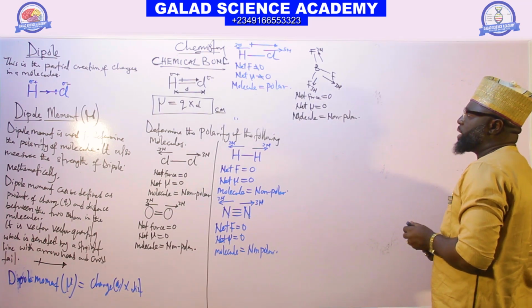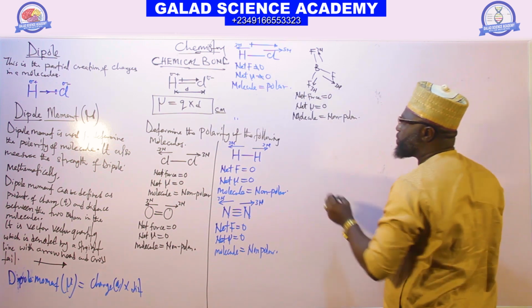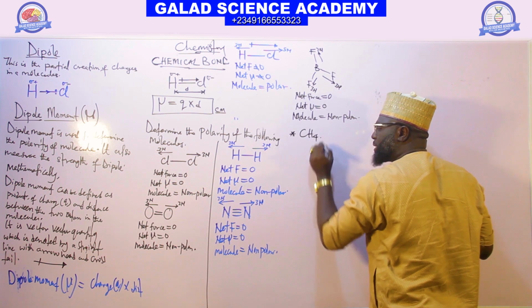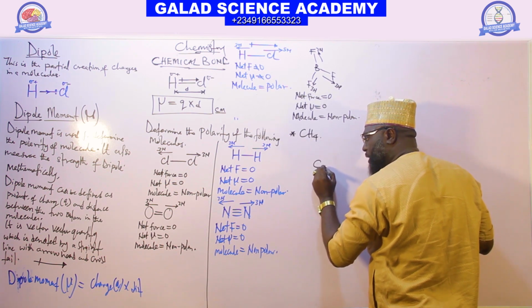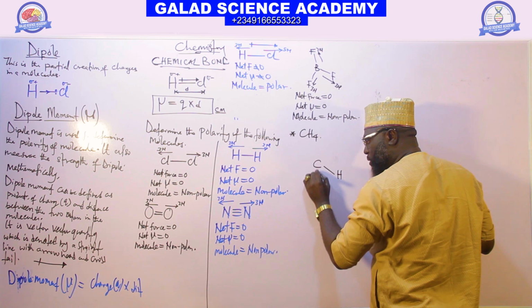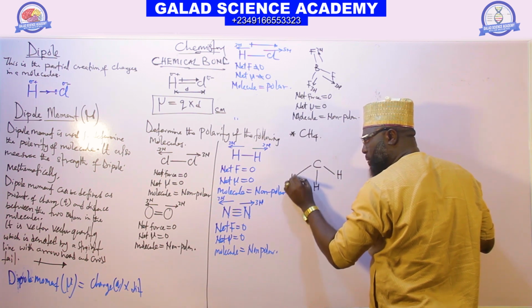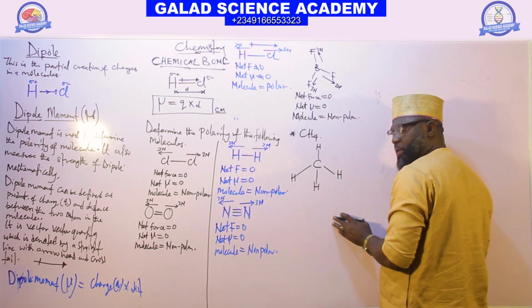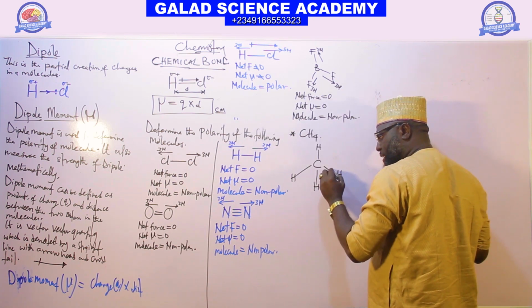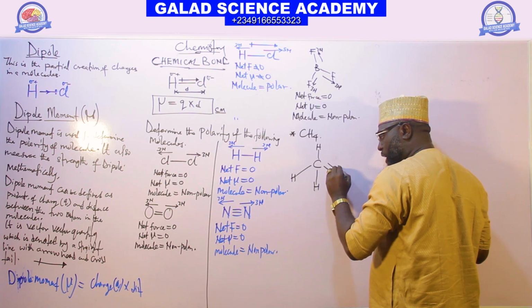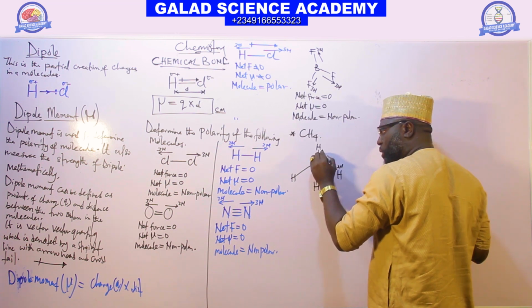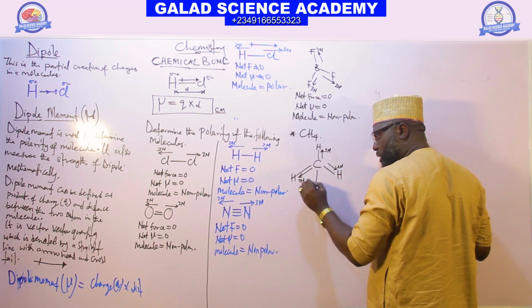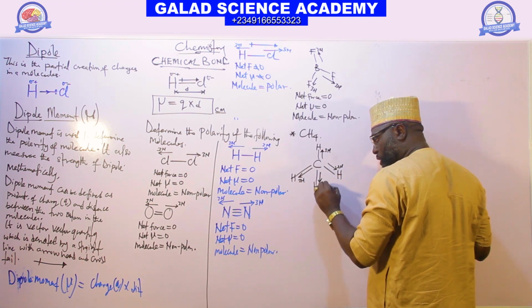And look at another one again. If we have CH4, methane. Look at methane. We have it in this form. Methane. They are equal. We insert 3 Newton here, this also 3 Newton, this also 3 Newton, this also 3 Newton.